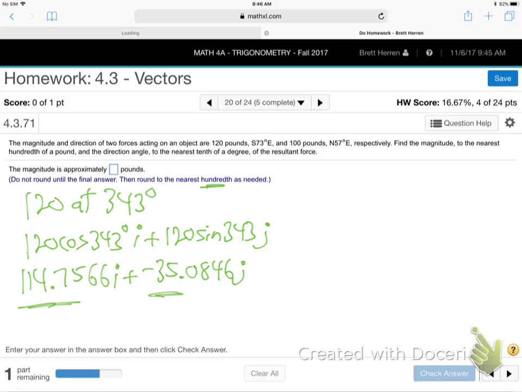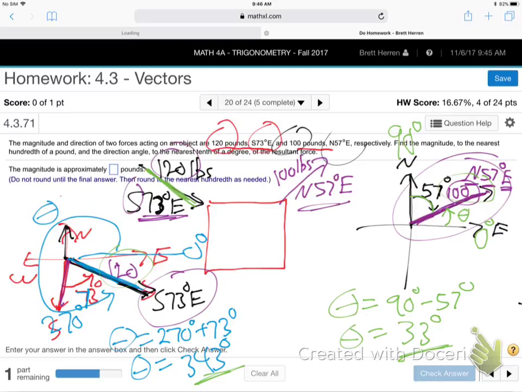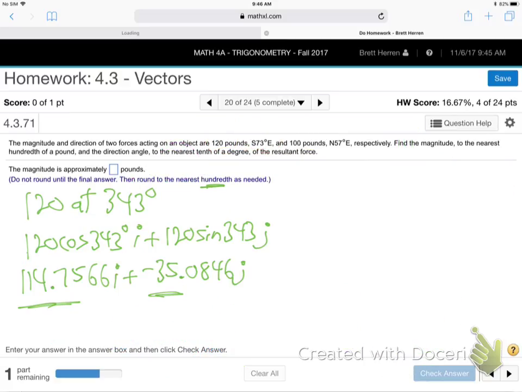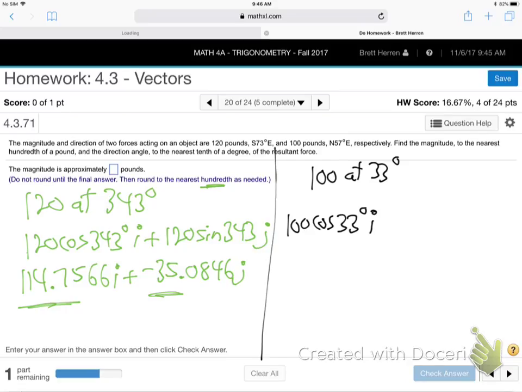The second vector, which was 33 degrees, 100 pounds. So it's 100 at 33 degrees. Same formula. It's 100 cosine 33 I plus 100 sine 33 J. Same formula.